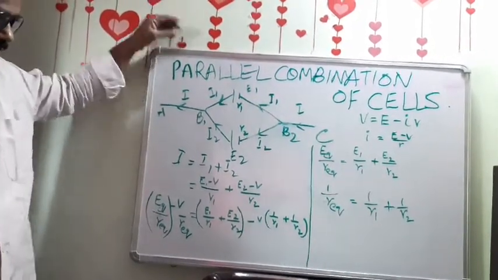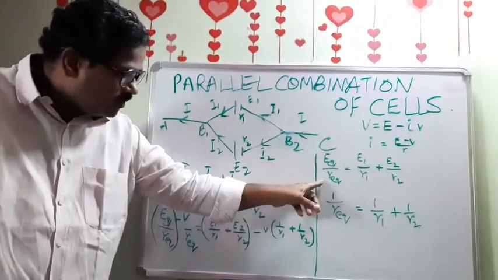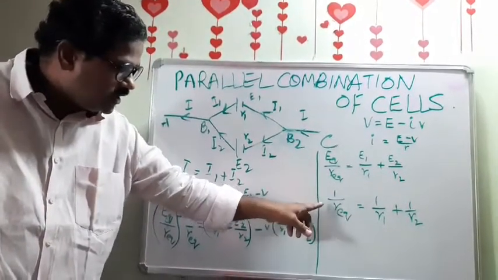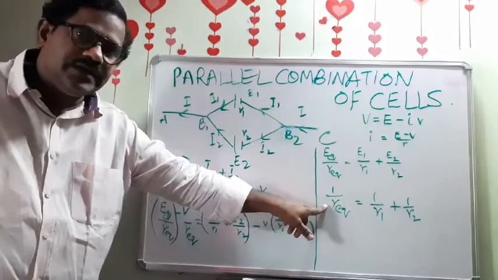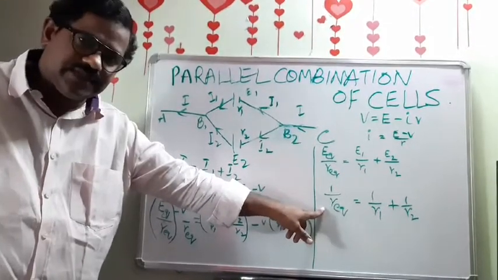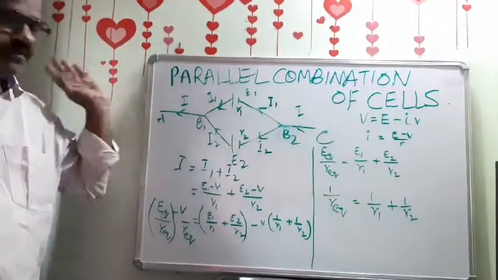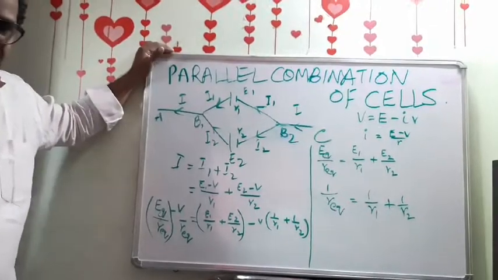From this we got the net internal resistance in the parallel combination of cells.